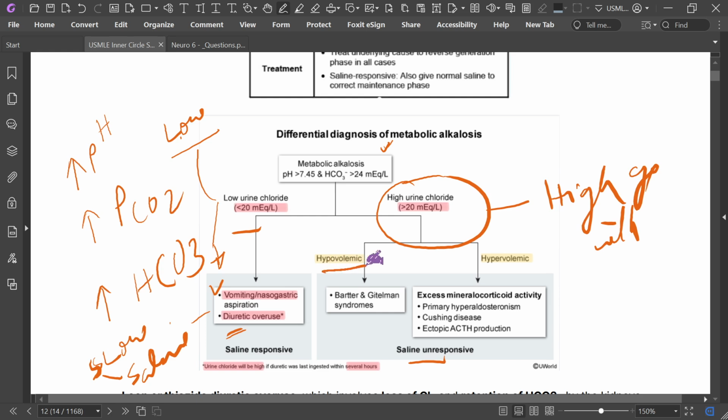It may be hypovolemic or hypervolemic. Hypovolemic is Bartter and Gitelman syndrome. Hypervolemic is excess mineralocorticoid activity: primary hyperaldosteronism, Cushing disease, and ectopic ACTH.